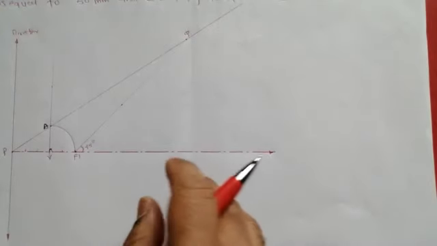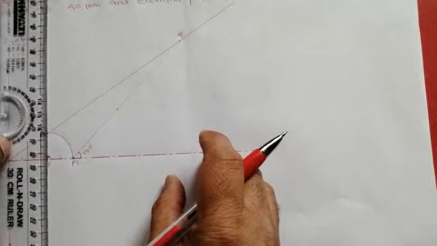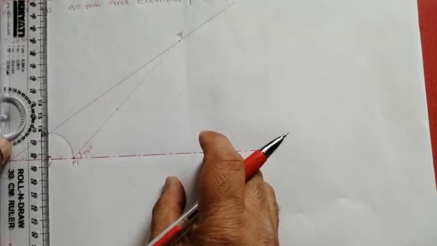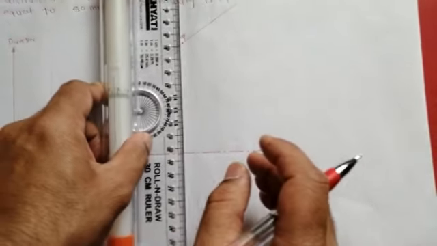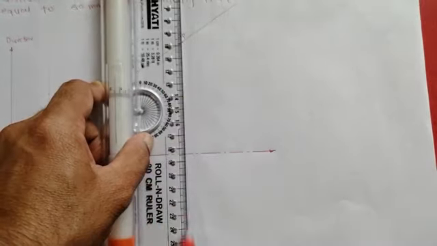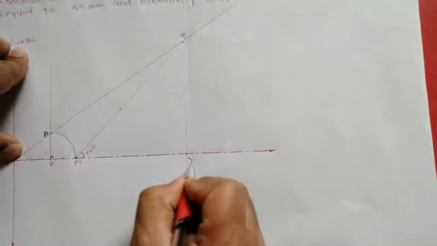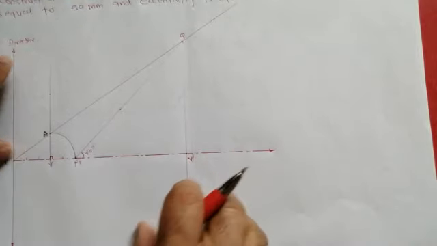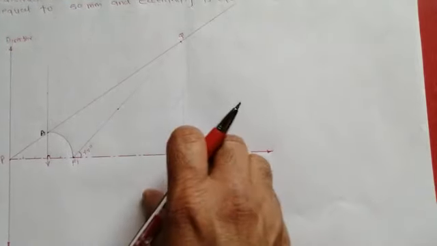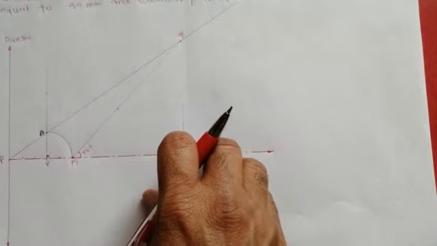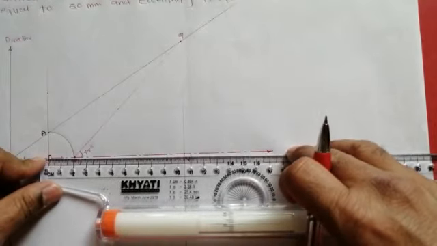Now from this point Q we'll draw a line perpendicular to axis. So this will be the second vertex, that is V dash, which will be on the right side on the axis. Now this distance V dash is to be divided into equal parts possibly.